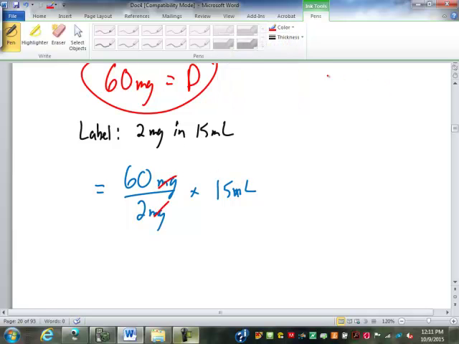Milligrams cancel out. 60 divided by 2 is 30 times 15 milliliters. So this new medication is going to have to be 450 milliliters administered.